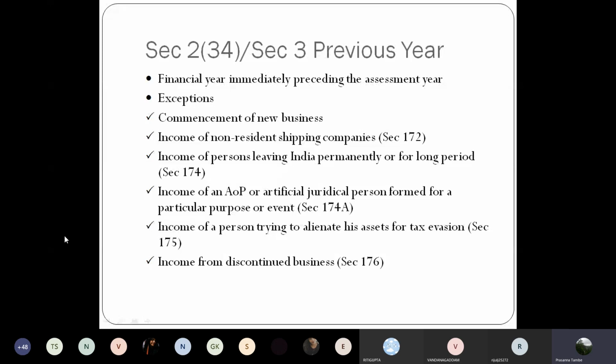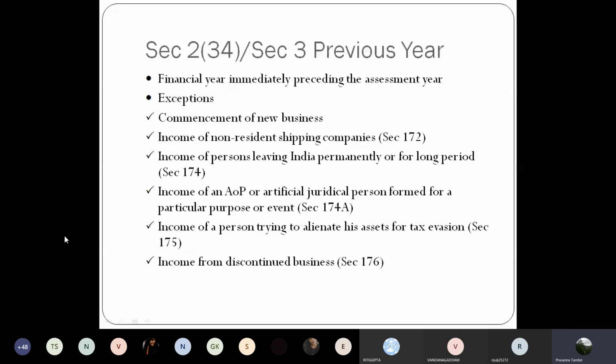Now, why do these two things go hand in hand? Whenever you are trying to compute the income of a person, the question is which period's income you will take into account. And the answer is the income earned in the previous year. So whatever income you have earned in the previous year, that needs to be taxed. Now, when you refer to the income in the previous year, how will you compute that income?